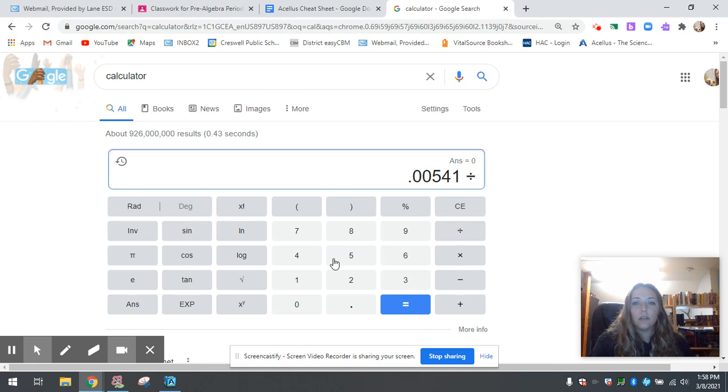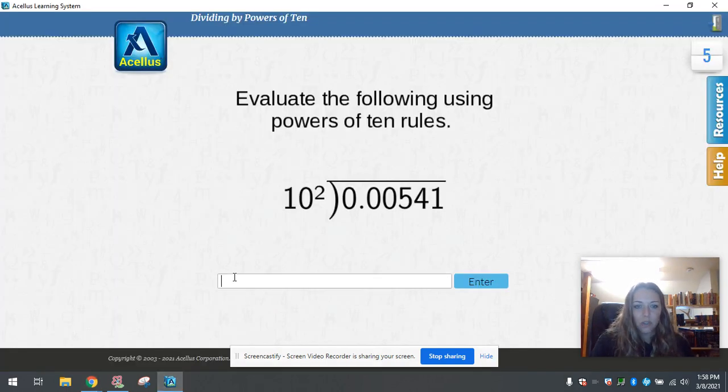That should move my decimal to the left twice, so I get 0.0000541. So I have, yep, that makes sense.